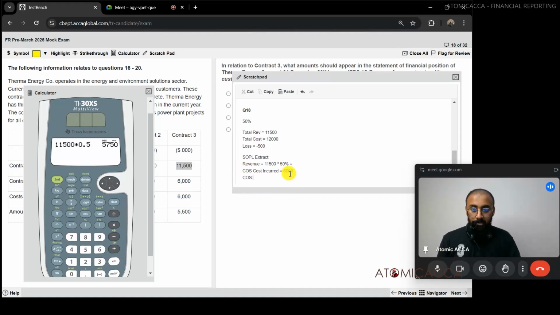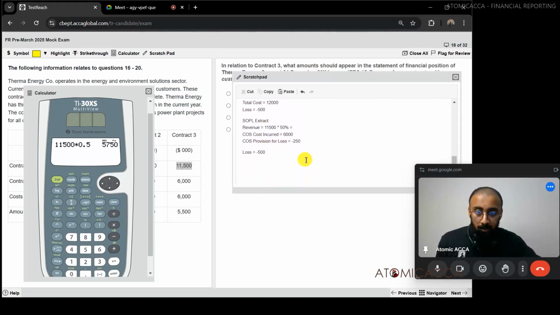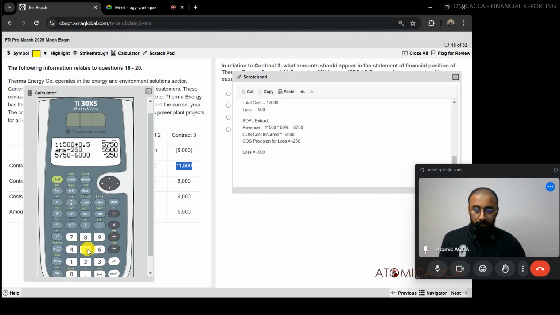There will be one more element in this cost of sale, which is called provision for loss. That is equal to how much? Minus 250. Let's just confirm this. 5750 minus 6,000 minus 250, then minus 250 and minus 250 is minus 500.